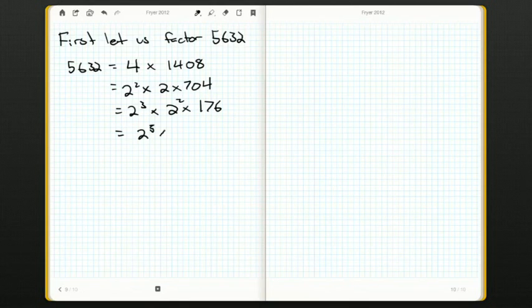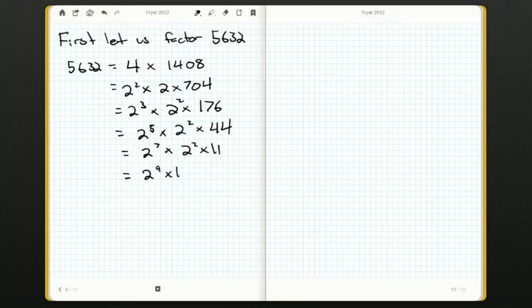So now we're looking at 2 to the 5. I have another factor of 2 here. Actually, it's another factor of 4. 76 is 4 times 19. So that's 44. And at that point, we can easily get 2 squared times 11 here.